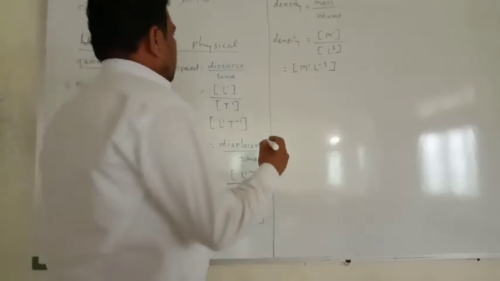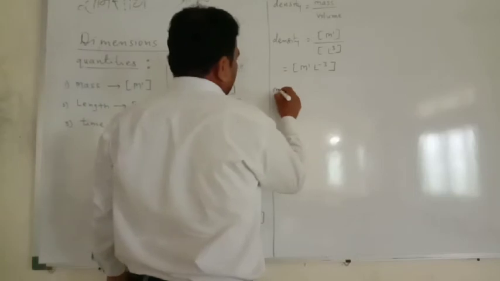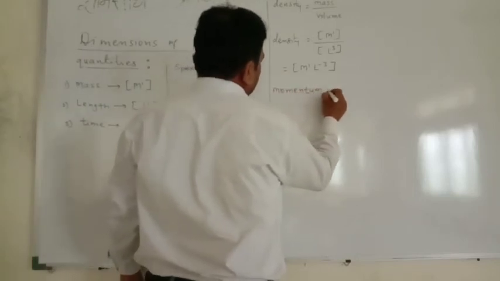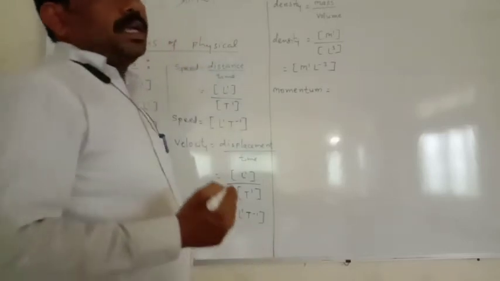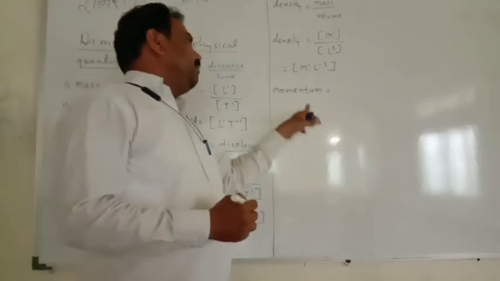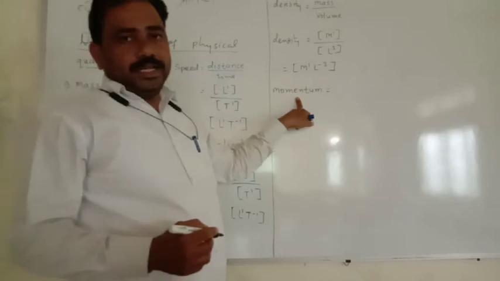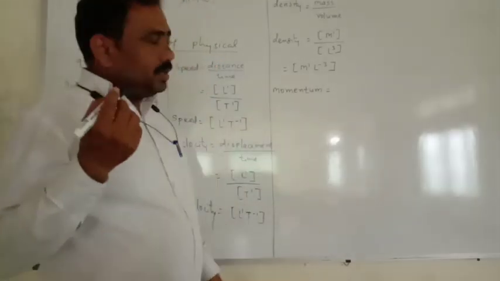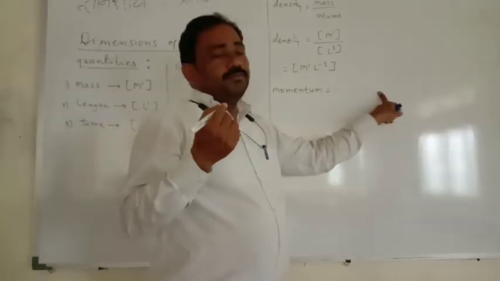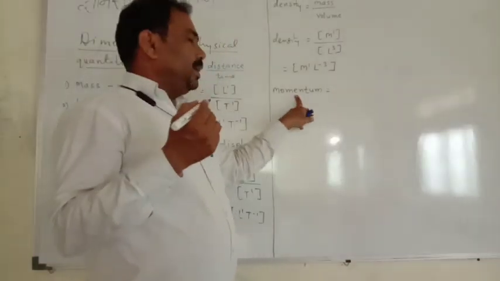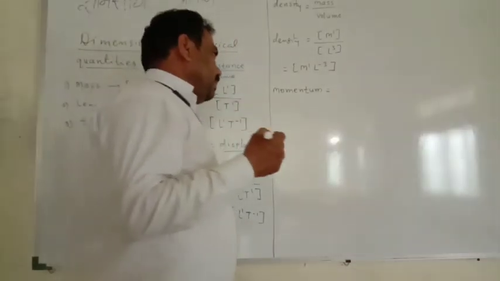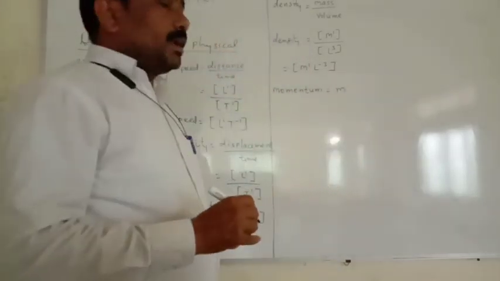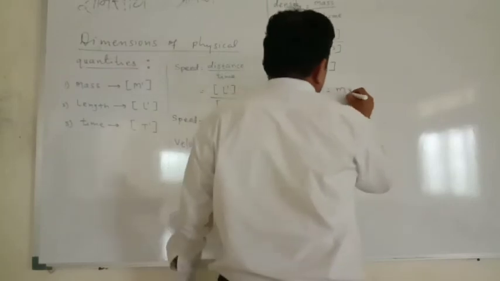Suppose the next physical quantity is momentum. Suppose the question is: calculate the dimension for the physical quantity momentum. Then how can we find it? First of all, you should put the formula for momentum. Momentum is the mass of a body multiplied by its velocity.